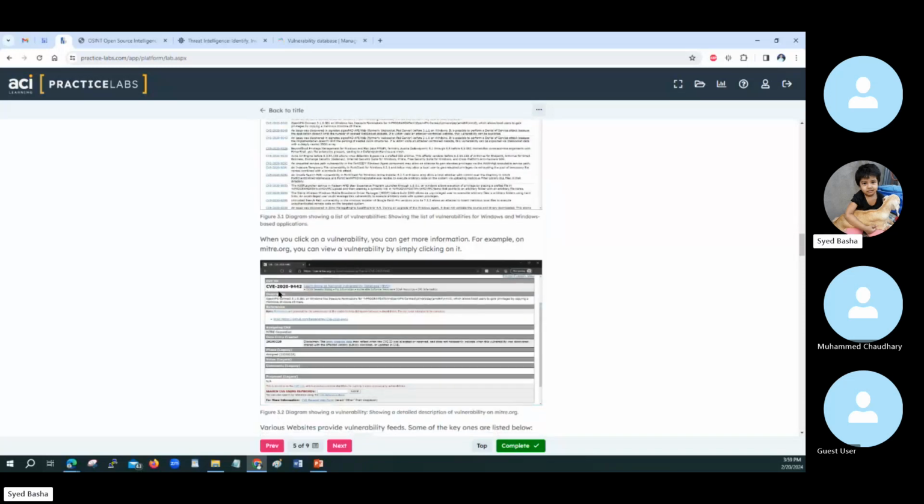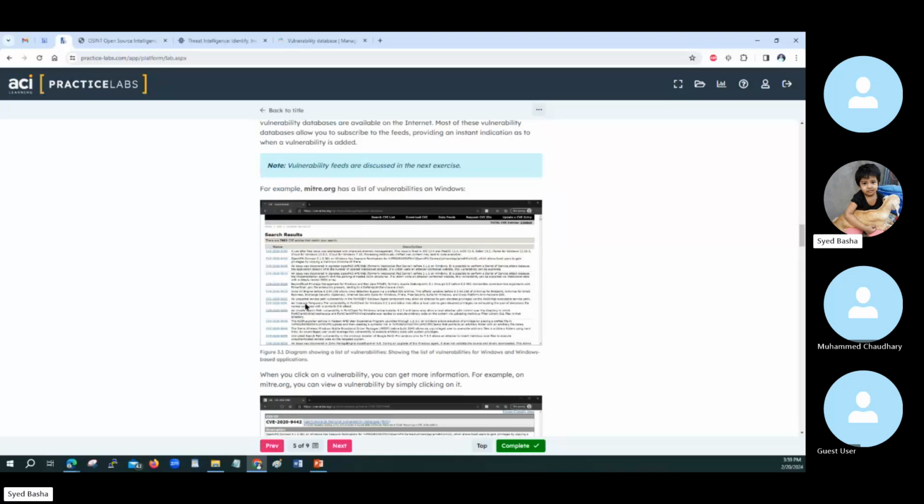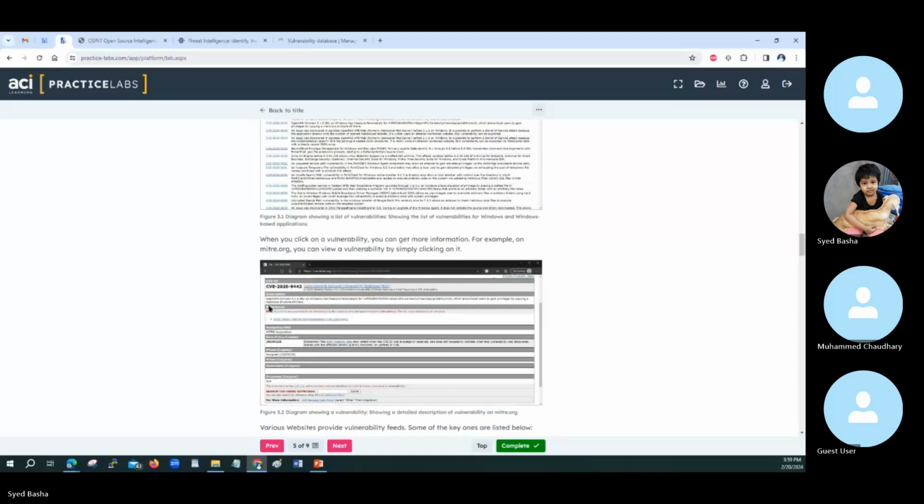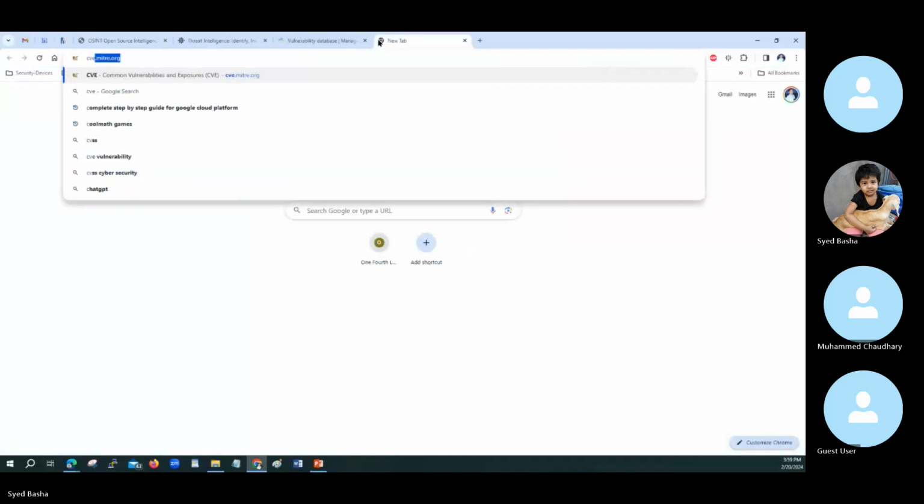See this CVE. This is what I told you, common vulnerability exposure ID. Then it will give you what is related. Let me show you at least one. CVE 2029-44.